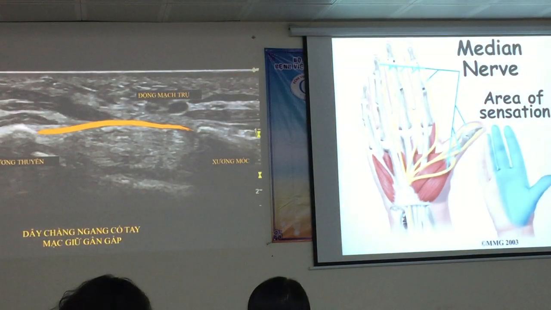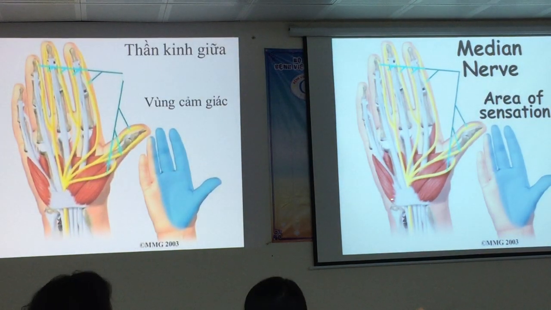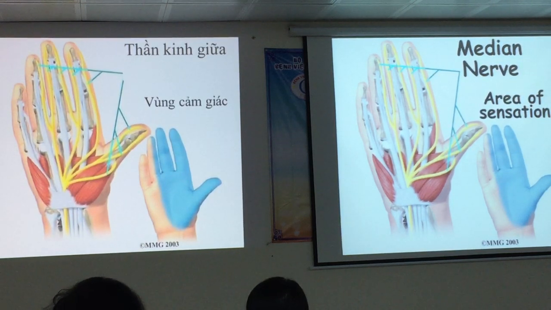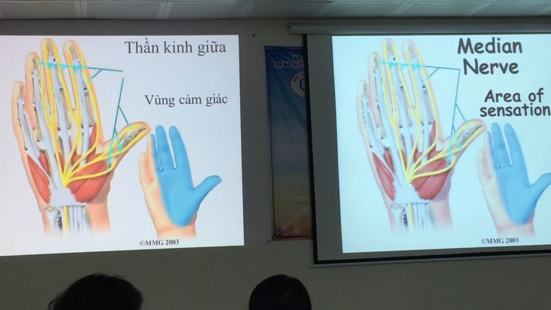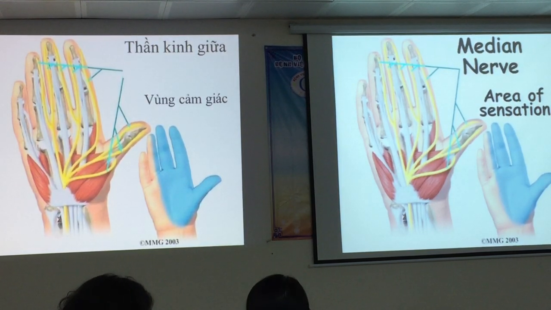And it's important because this is where the median nerve actually passes deep to that retinaculum. So with patients with carpal tunnel syndrome, classically they get impingement or compression of the nerve as it comes underneath that retinaculum.